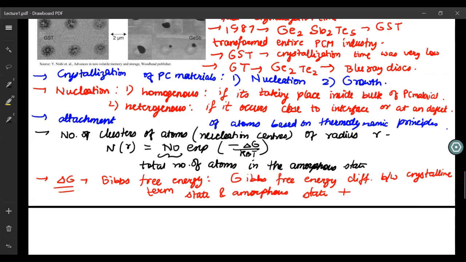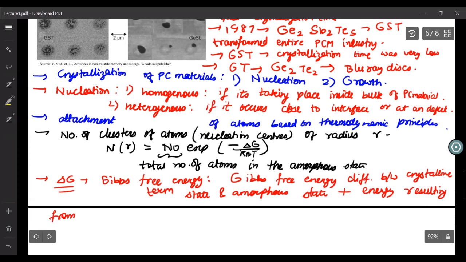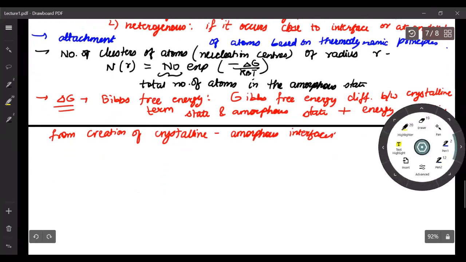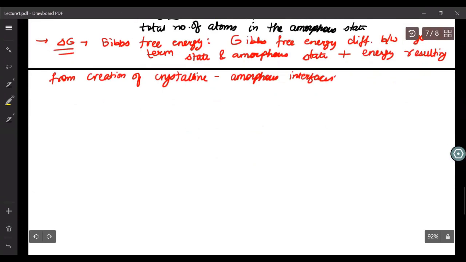So if you were to represent it mathematically, then your delta G is a function of something.